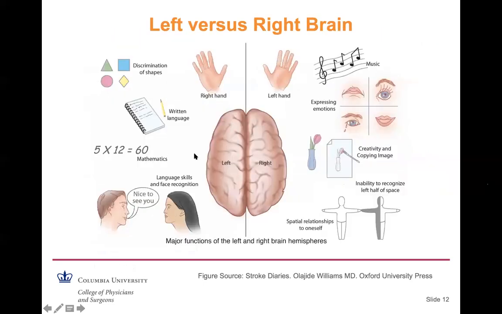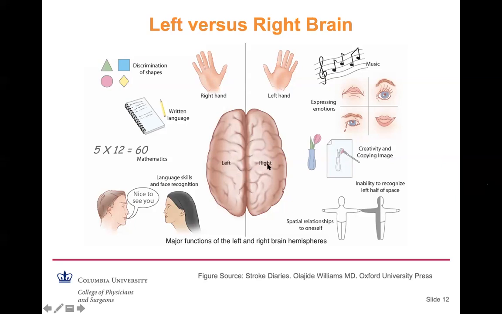And then there are some larger functions of the left and the right hemisphere, depending on if you're right-handed or left-handed. Language is one that we always talk about. Language is typically located in the left hemisphere. In 99% of people who are right-handed, language is in the left hemisphere. In 1%, it's in the right, but for the most part, language in right-handed individuals is located in the left hemisphere, in those areas that I mentioned before.